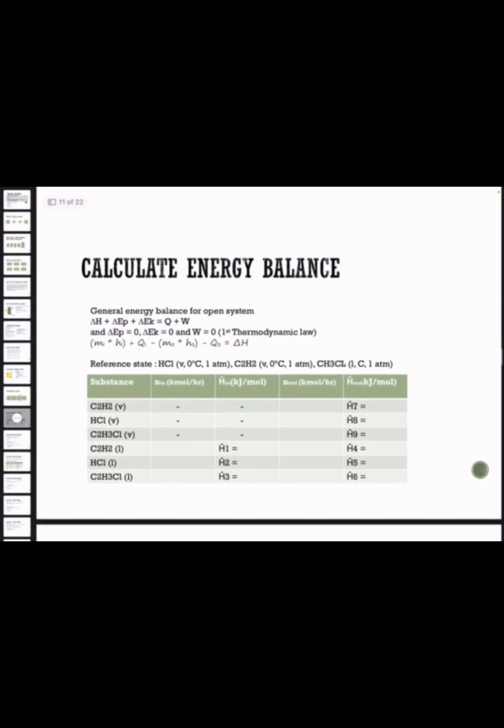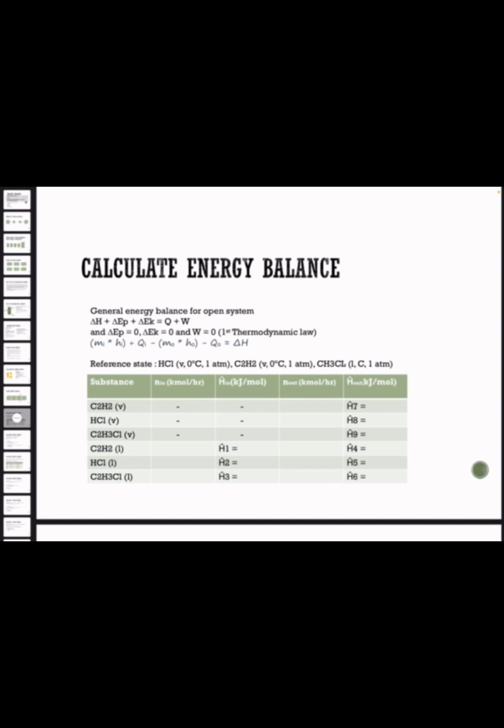Generally the distillation column is an open system, so we will use delta H, not delta U. I want to highlight that in this distillation column there are two phases. The top stream is in vapor phase and the bottom stream is in liquid phase.